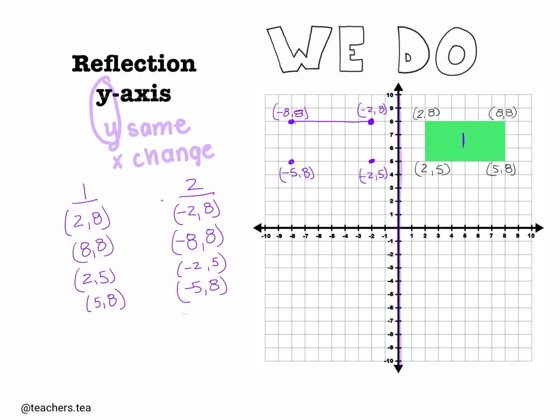It should look the same. When shapes are reflected, they do not change at all, okay? They do not change at all. This is shape number 2. They're just the reflection of the original shape. And when I say they don't change, I mean their size doesn't change, or their angles don't change. That should all stay the same. How did you do on this one?